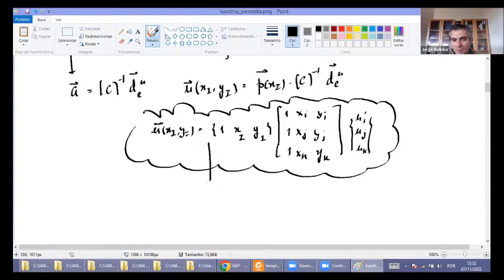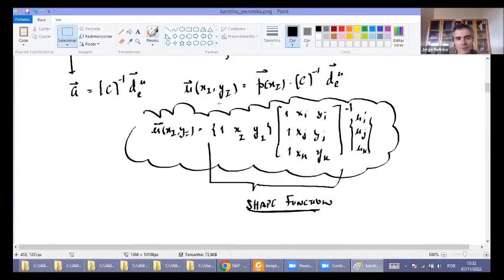Why? Because this part here is called the shape function. Let's see what a shape function is. If I invert this matrix, I will get something like this.